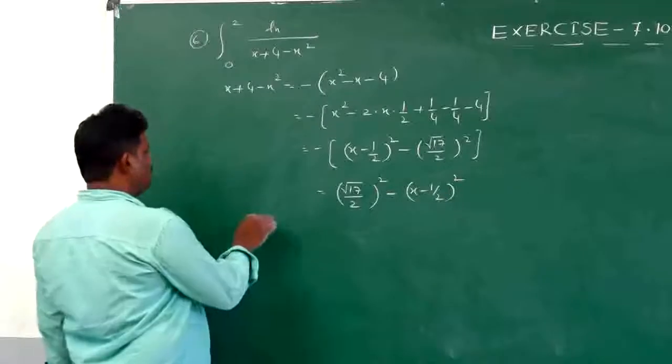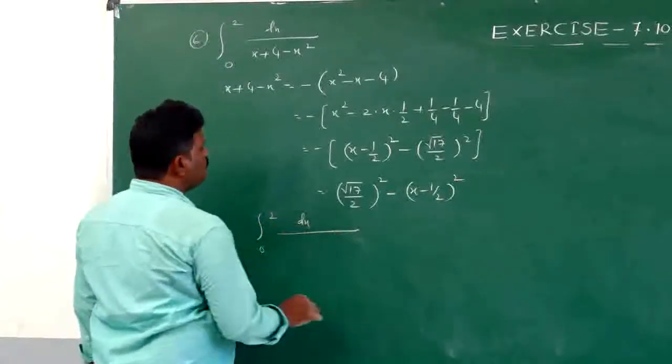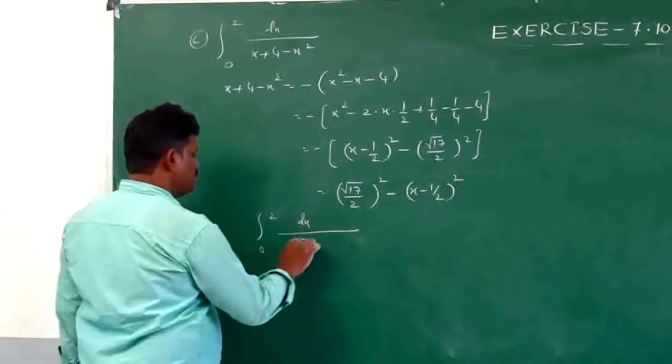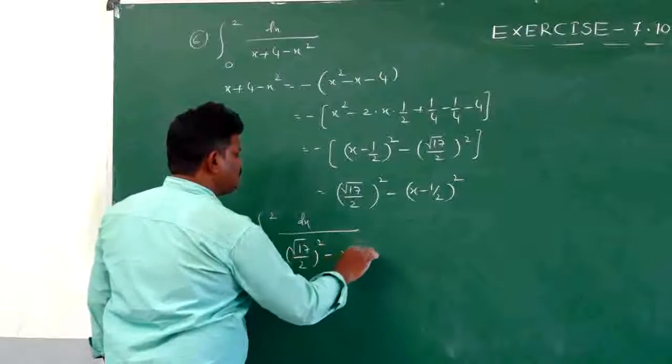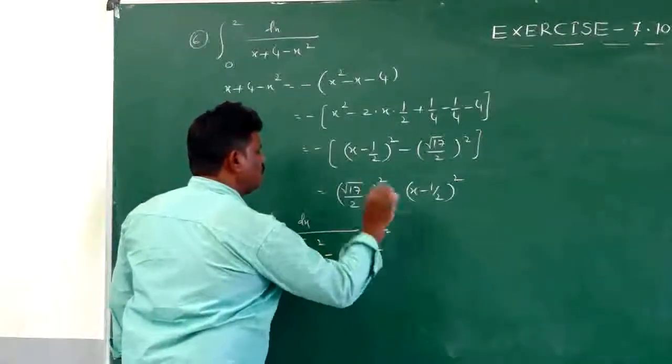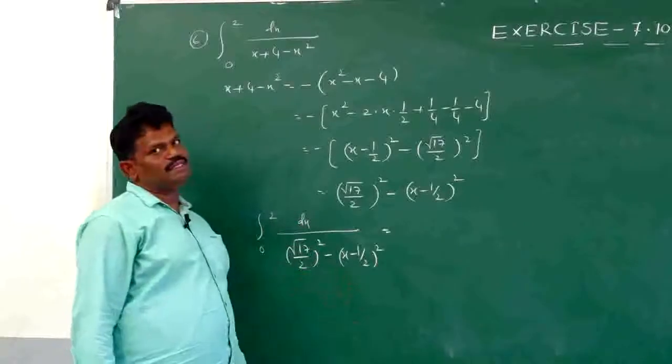Next what we done here, integral 0 to 2, dx by, then this value, how much: (root 17 by 2) whole square minus (x minus 1 by 2) whole square is equal to formula what? 1 by a square minus x square formula.